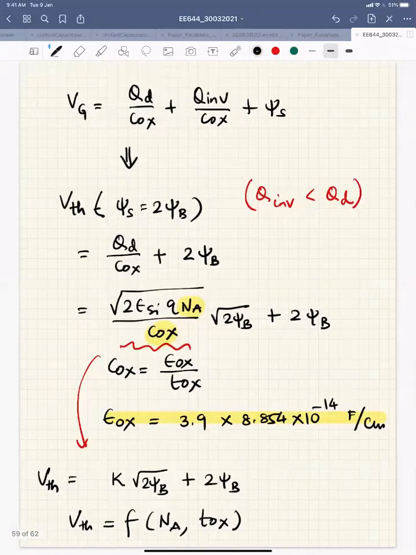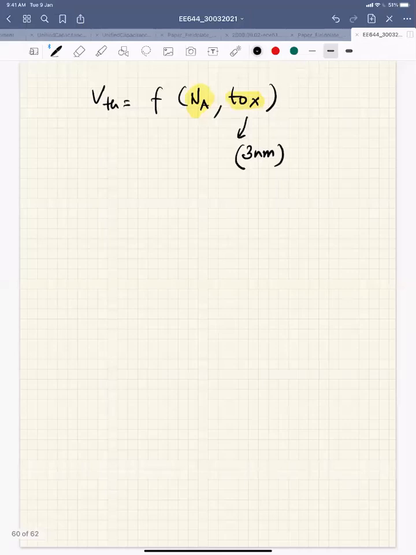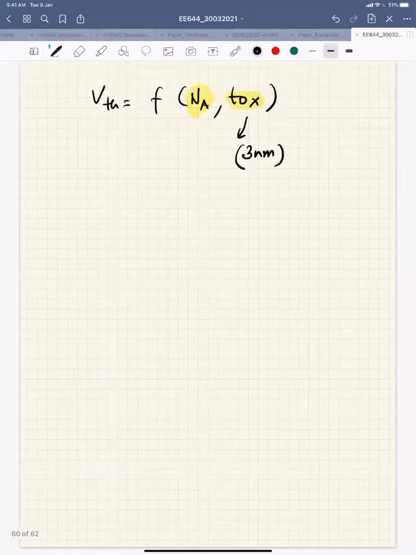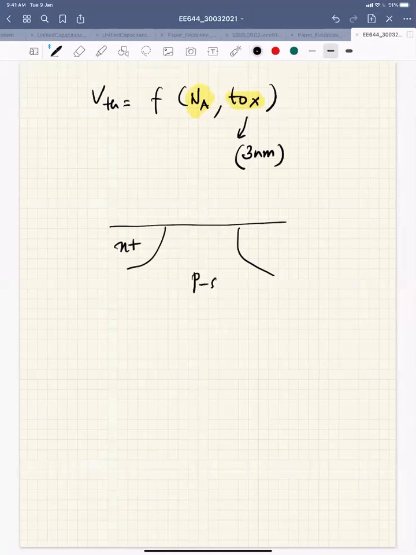But if you look at the physical significance, why does the threshold voltage depend on Na? If you look at this equation, there are two things, right? You have N plus, P substrate, and N plus, and we are talking about the doping in this region being Na, right?